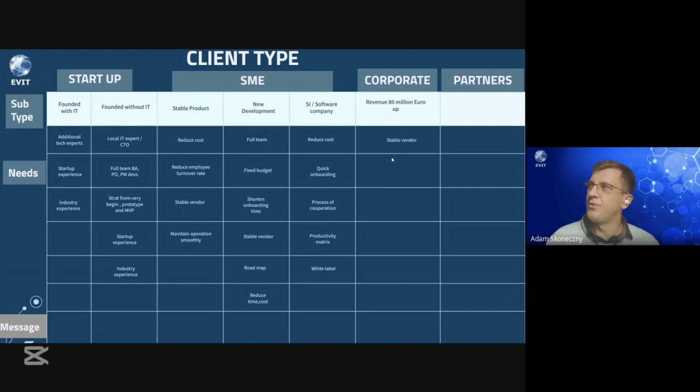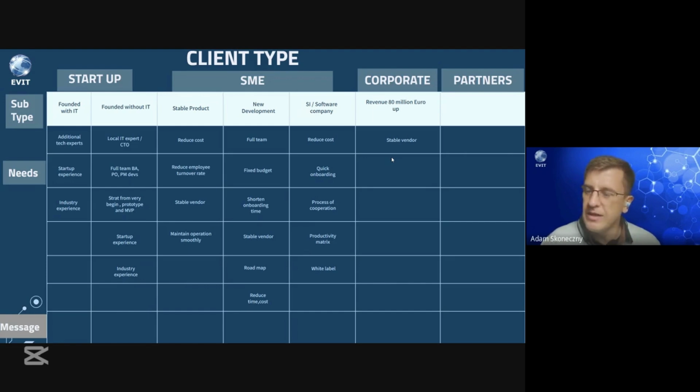What is the most important for them? They will care about the stable vendor. And if I can translate this to one word, they care about risk management for corporate. This is one of the most important thing. They not really focusing on the cost. They not focusing on delivering quickly right now. They have a time, but they really focusing on the risk management.